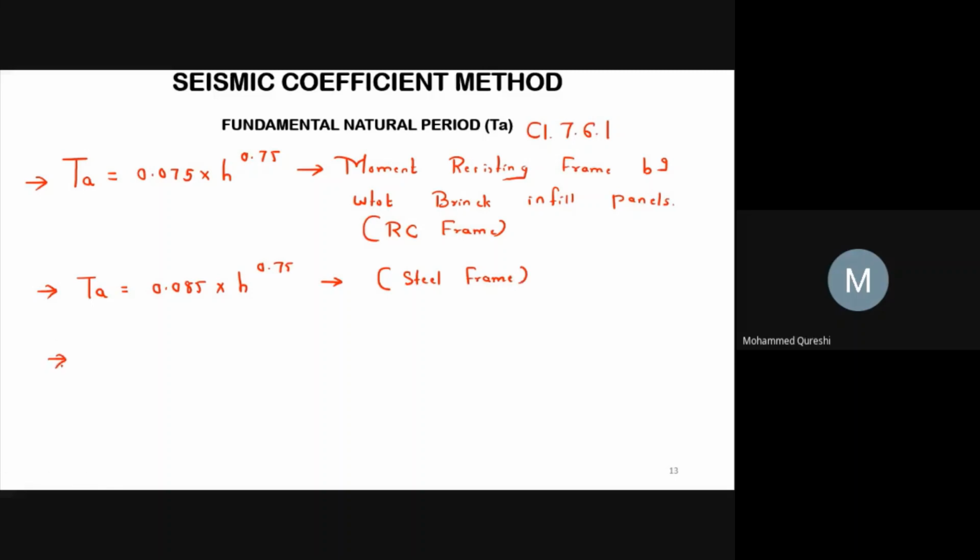And lastly, Ta equals 0.09 into h upon root d. This equation can be used for all other buildings, including moment resisting frame with brick infill panels.